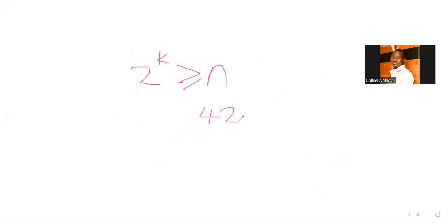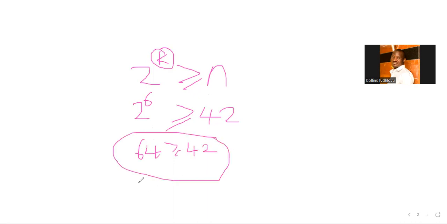We have to find k in such a way that it is the first one that gives us exactly 42 or first exceeds 42. So it is 2 to the power 6, because k equal to 5 gives us a number that is less than 42. So our k is equal to 6.